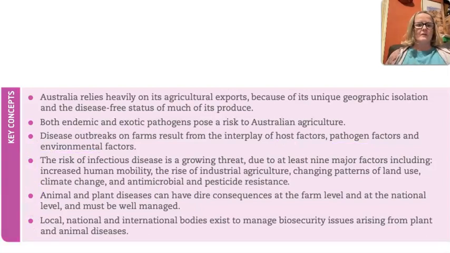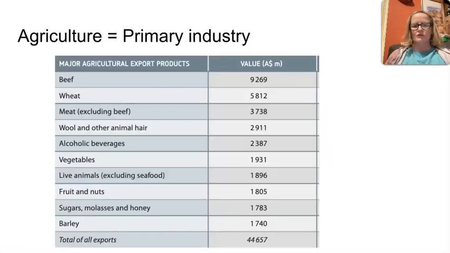So when we think about the market for disease in Australia, these are the values. Nearly $10 billion of value in the beef industry of Australia. And that's about half that amount for the wheat exports, primary industry value, both exports and local markets.